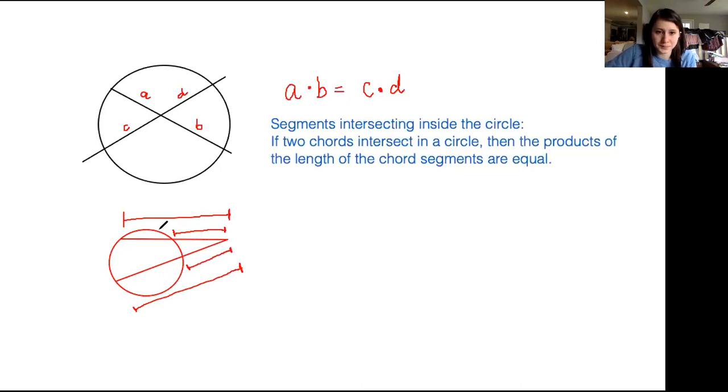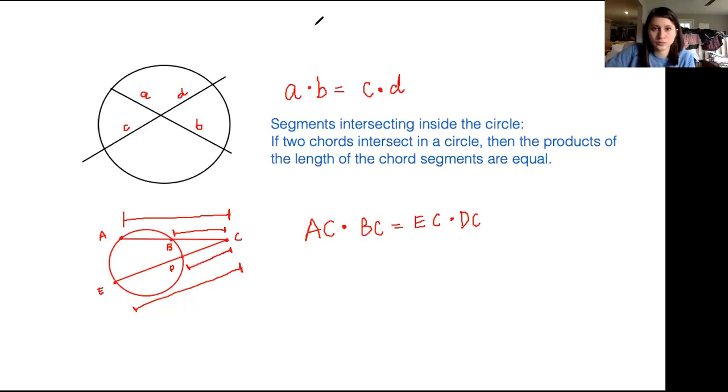So if I were to label this A, B, C, D, E, what I'm saying here is AC, this whole length, times BC is equivalent to EC times DC.